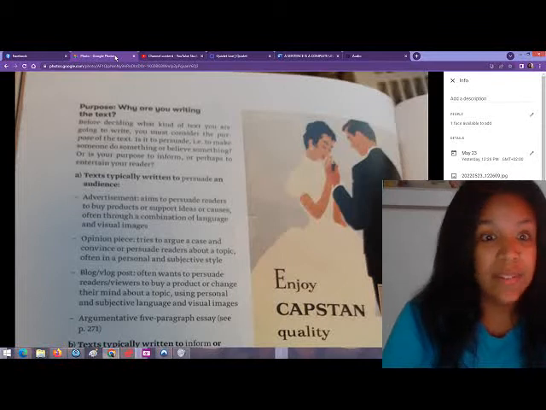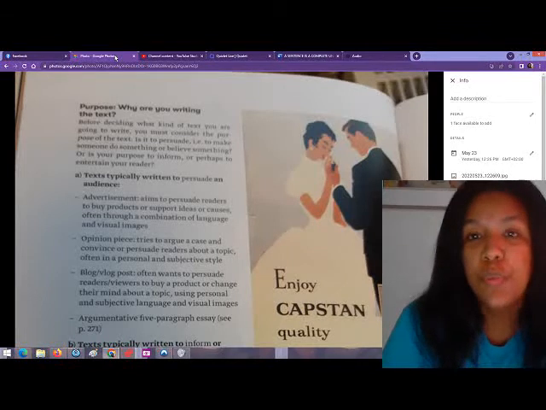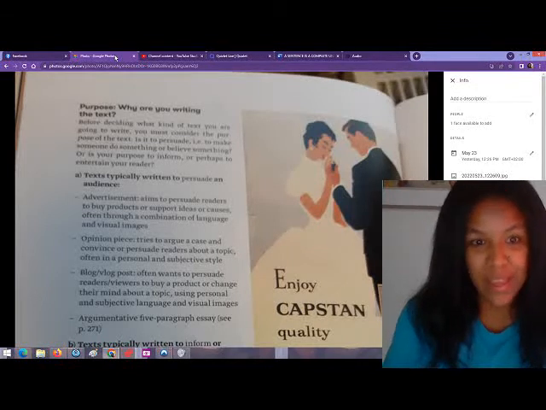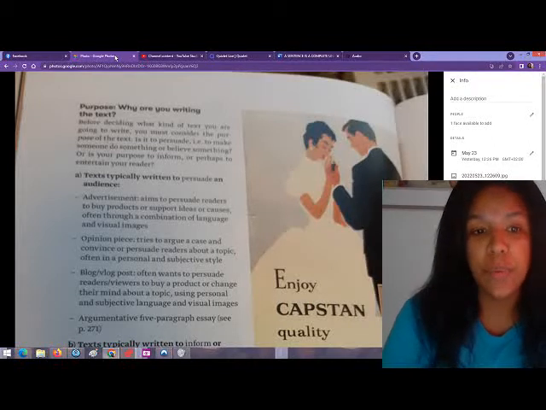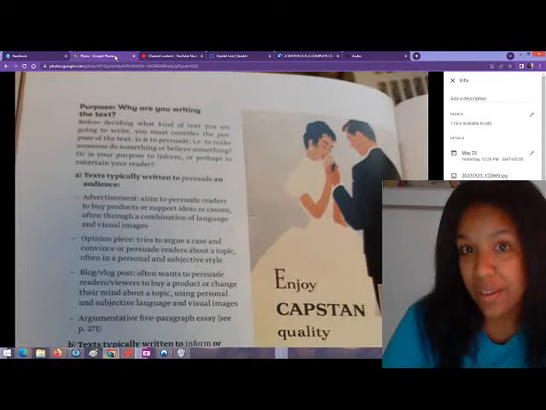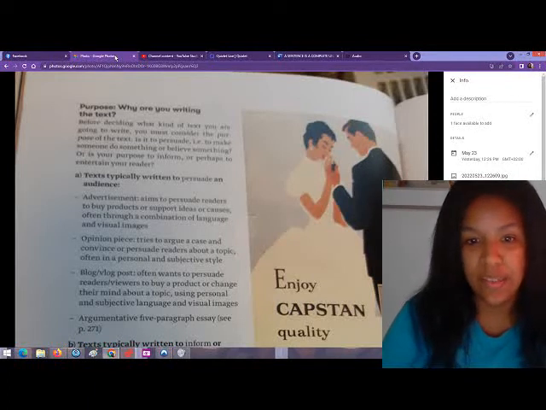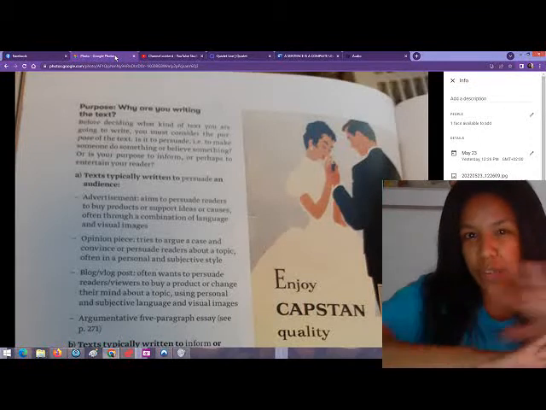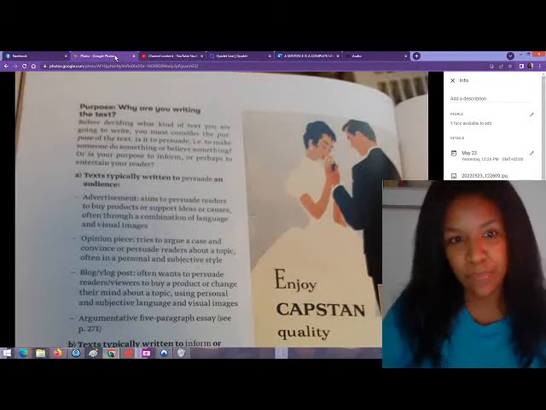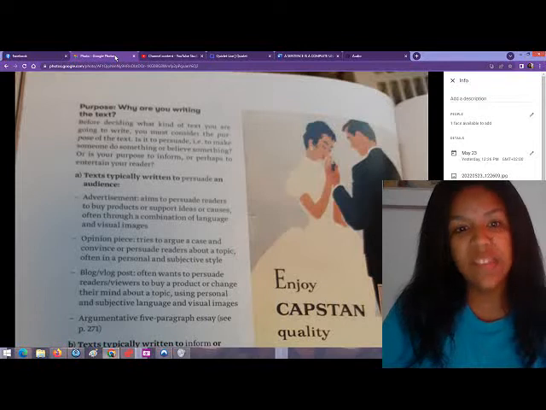Letter A, text typically written to persuade an audience. Advertisement aims to persuade readers to buy products or support ideas or causes, often through a combination of language and visual images. What's an advertisement?